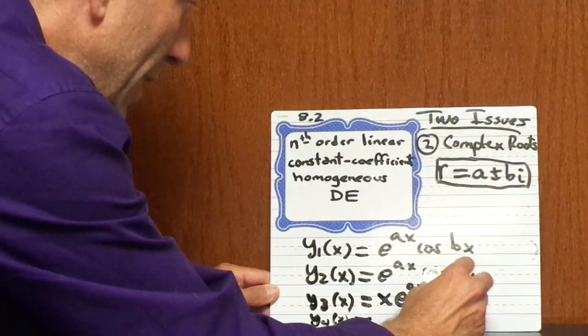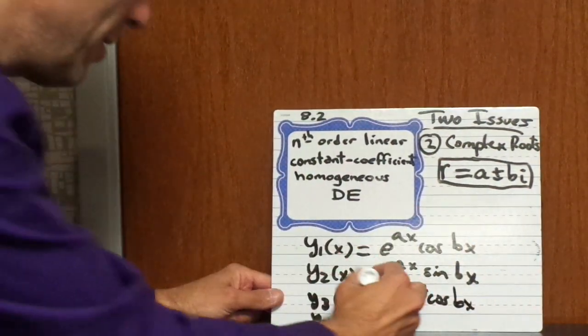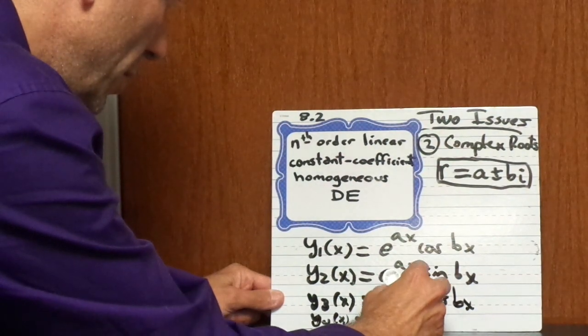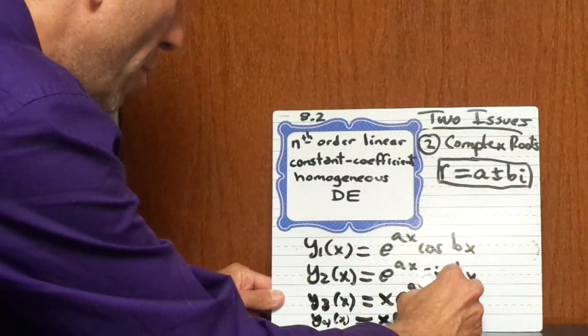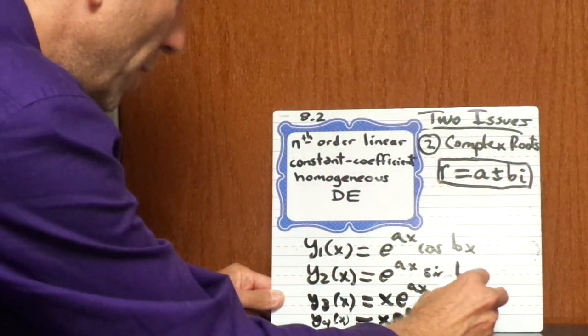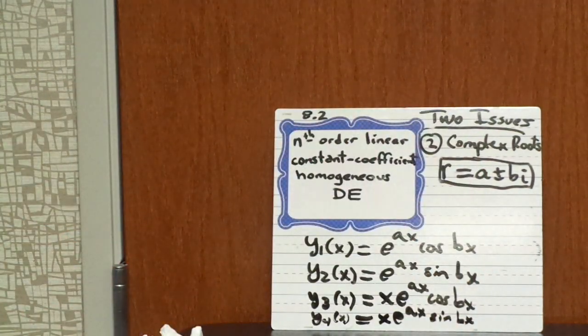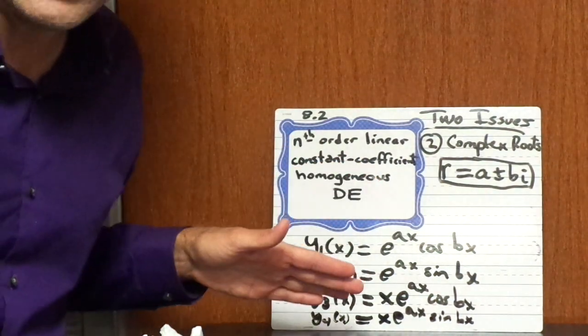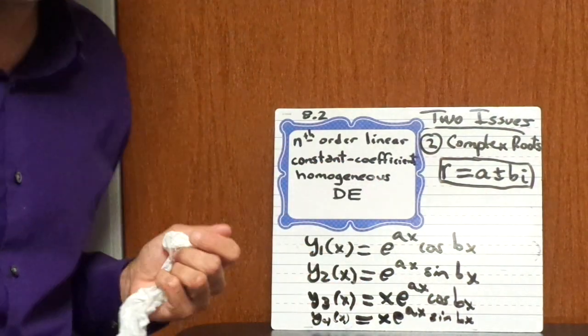If you stack the x's in front of these expressions, this is what you would get for your third and fourth solutions, if I can write it in a legible way there. So there you go. There are the solutions in the case of repeats of complex numbers.